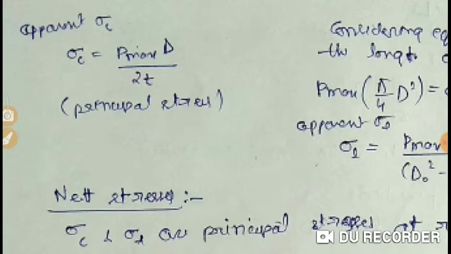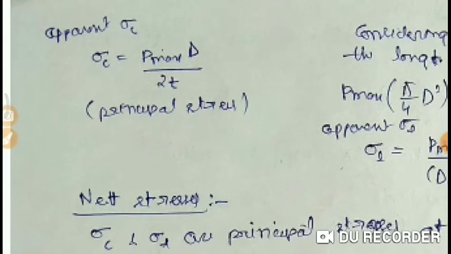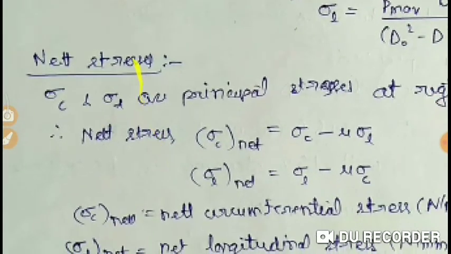Here sigma c into 2t into L, where L is the length of the cylinder, is the applied load, and that will be equal to P max into d into L. L cancels on both sides, so sigma c will be equal to P max into d divided by 2t. Okay, so this is the apparent stress.